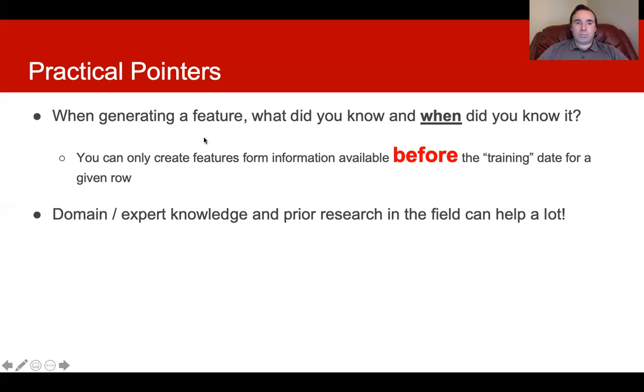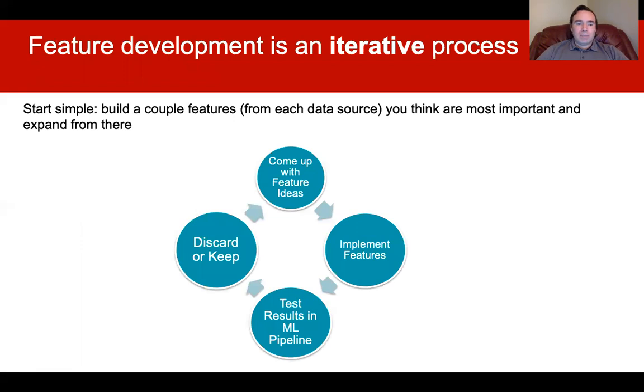So those are a couple of things to keep in mind as you're starting to dig into your projects, and of course in the future generally. The other real piece of advice is that, like everything in the machine learning pipeline process, this is very much an iterative process as well. Start simple.